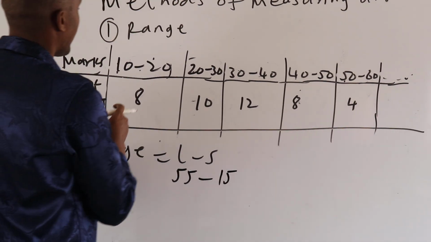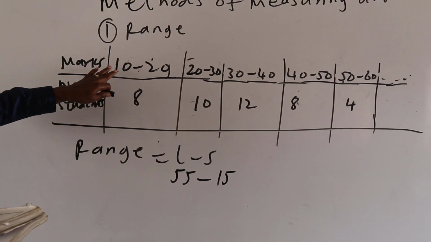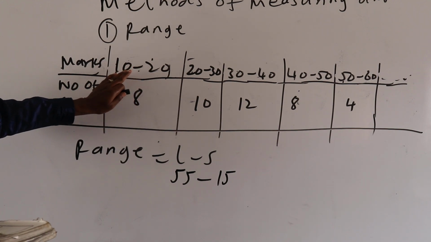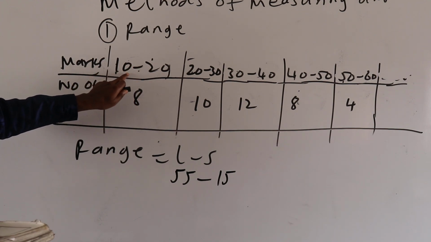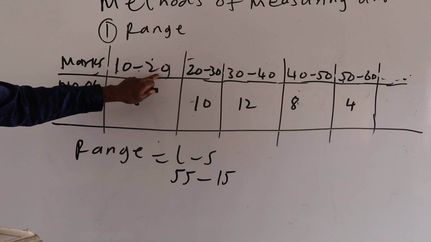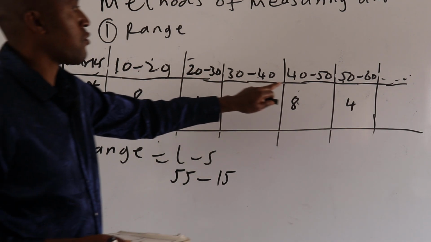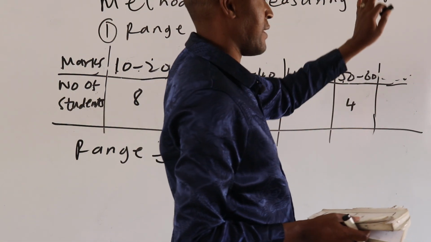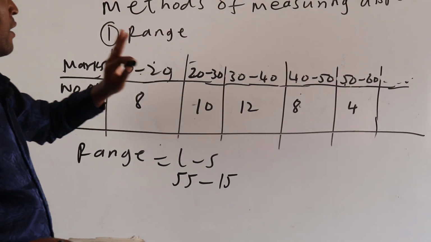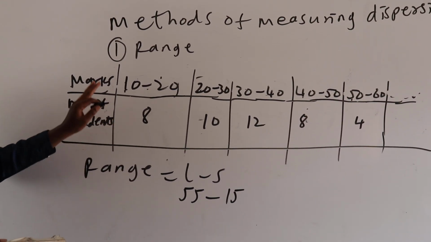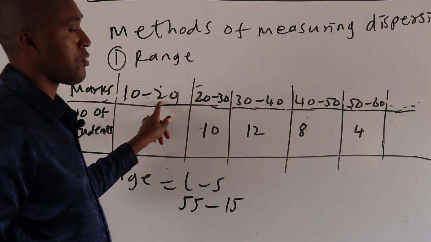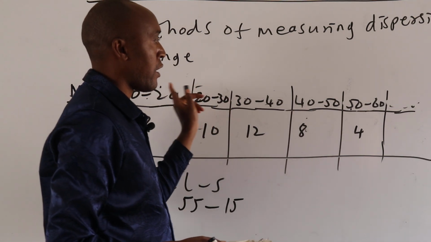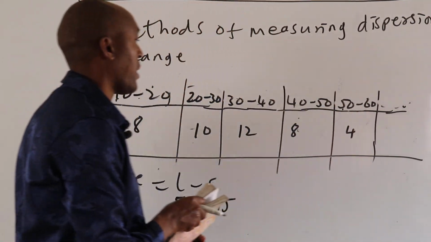I'll also take this plus this and divide by 2. In this scenario, normally we look at the class level. Those who scored between 10 to 20 were the lowest, and those who scored between 50 to 60 are the highest. So you take the highest minus the lowest, but in this case you add the two ends and divide by 2.